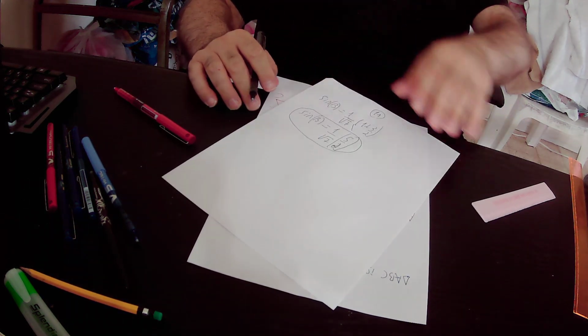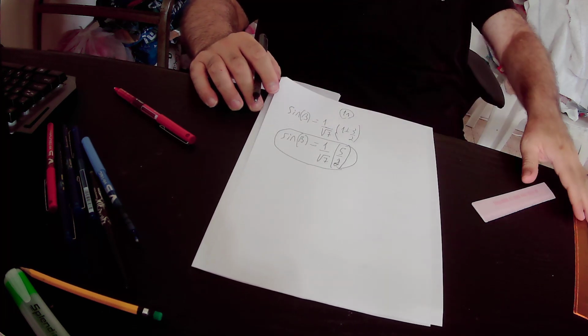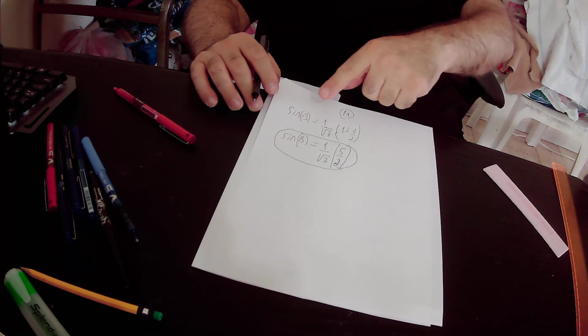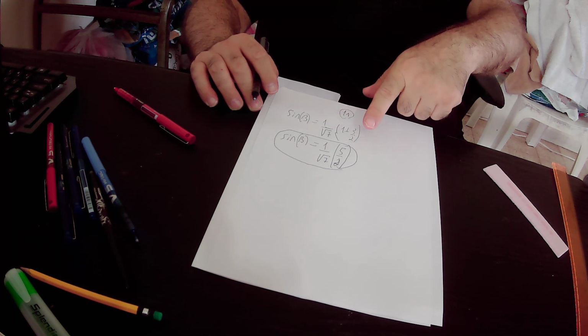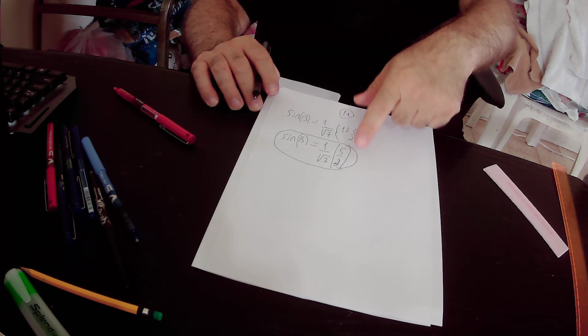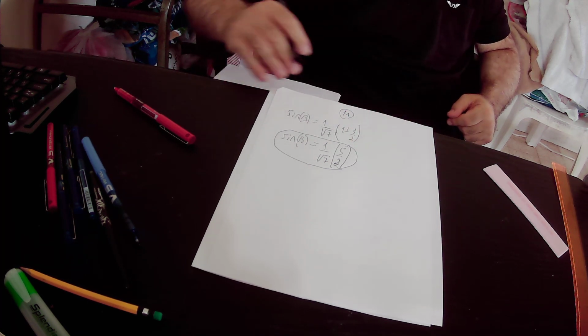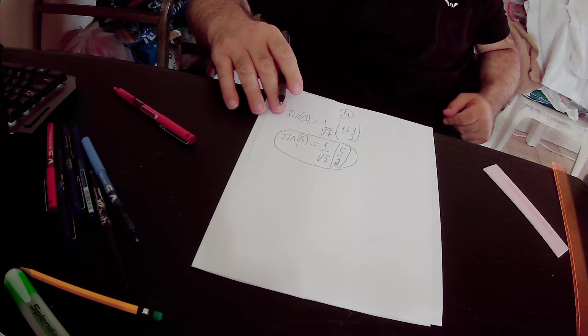So we found out that the value of sin beta is 5 over root 7 times 2.